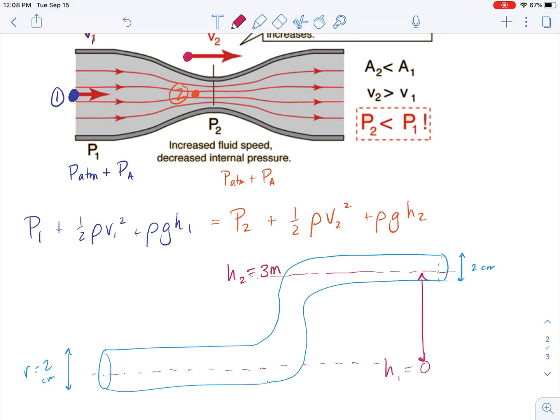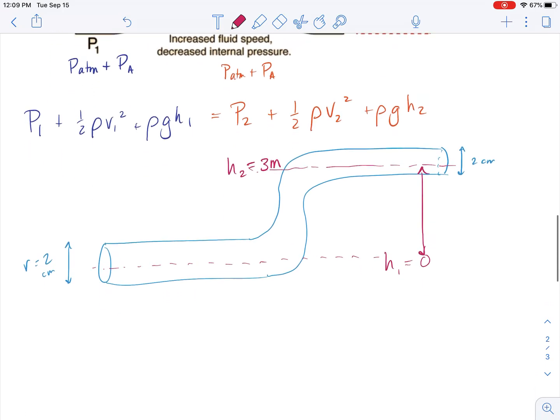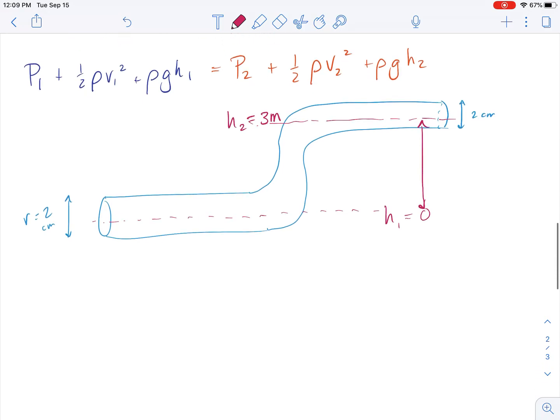And what's going to happen when the water rises? It should slow down, okay? And it should slow down because of conservation of energy, just like when you throw a ball in the air, on the way up, it slows down because of conservation of energy. Now, in this situation, what we're going to assume is that the pipe does not have an external force on it.